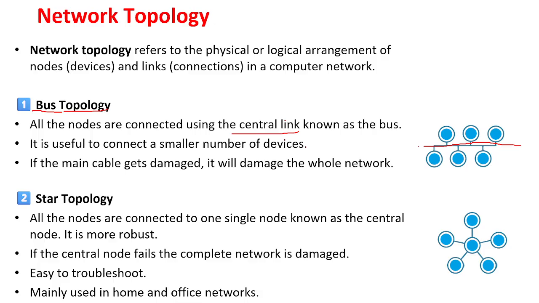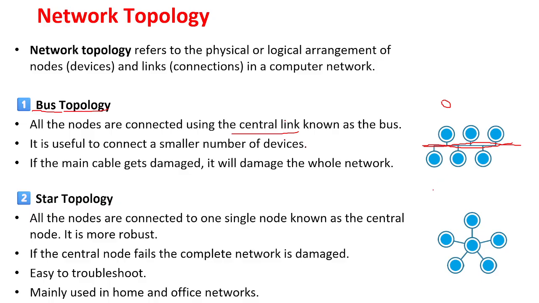It is very cheap and easy to implement. The only disadvantage it has is that if the main cable gets damaged, the whole system will fail. So it is generally not preferable for scalable systems.